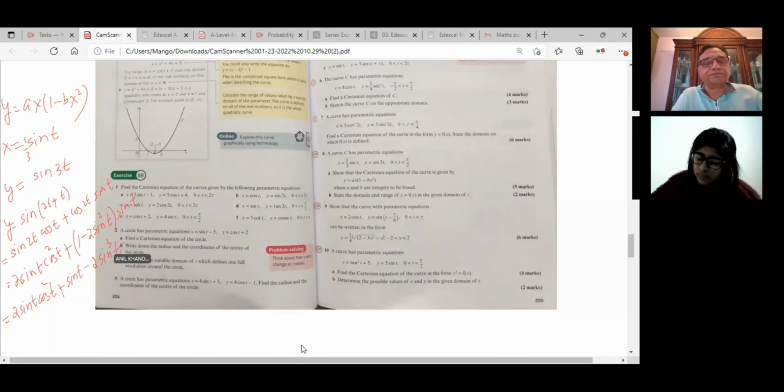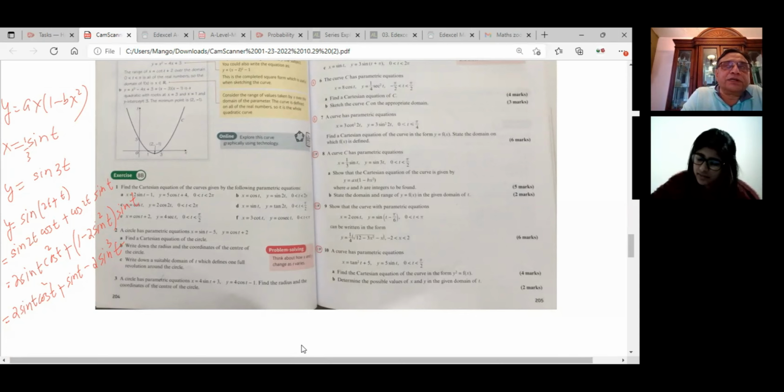Do we write the cos squared in terms of sine? Yes, 1 minus sine squared.